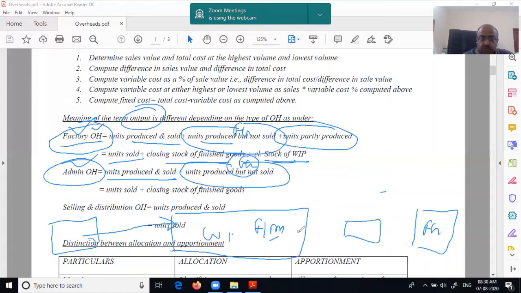What is finished and produced is coming here. Admin is getting charged. This is admin overhead. Then it is going and sitting here. Some of them out of this has been sold, right? So what is the first one? Units sold. For this, units produced and sold obviously have to get the admin. Similarly, finished goods that have been sitting.